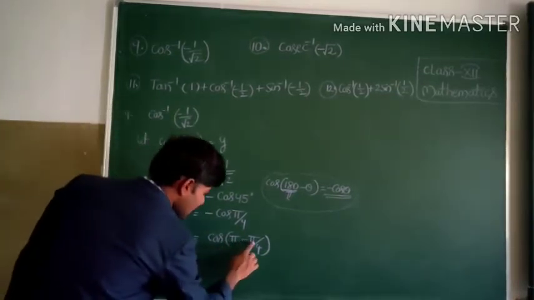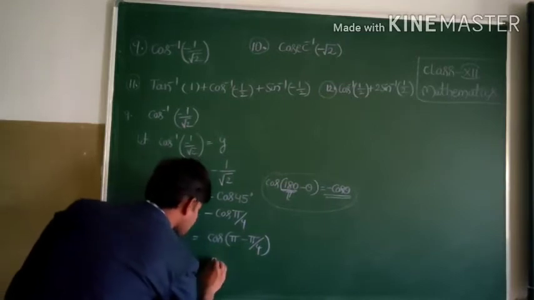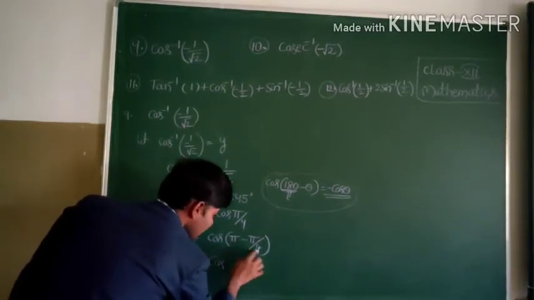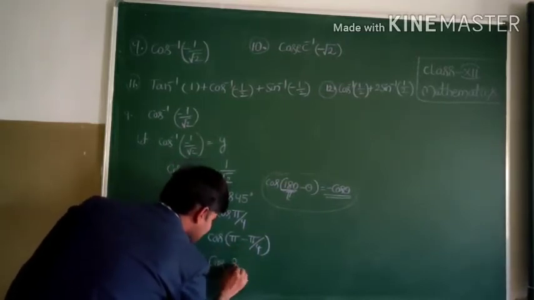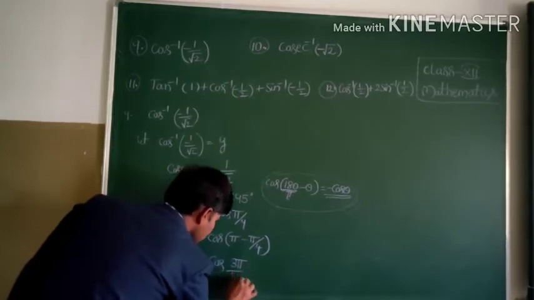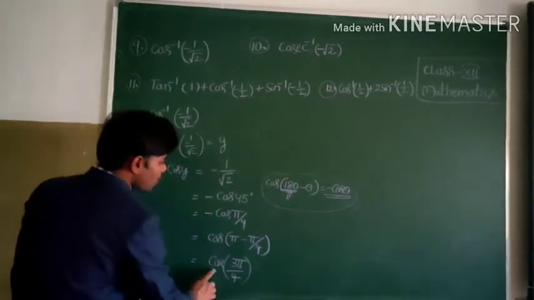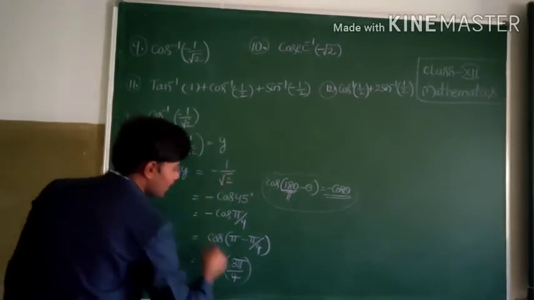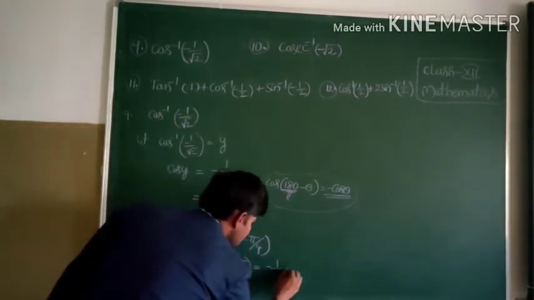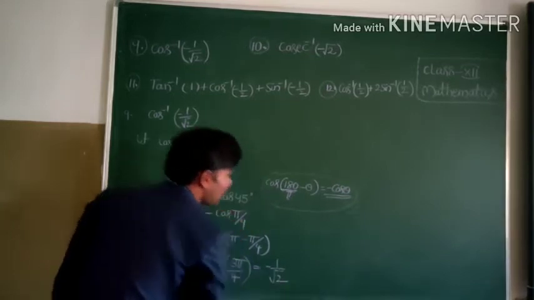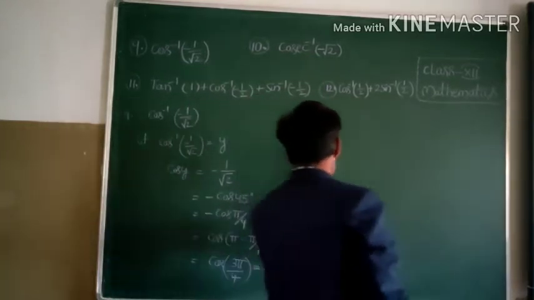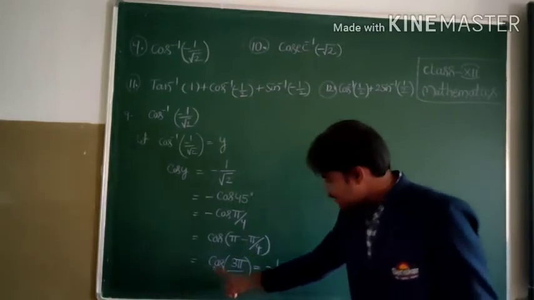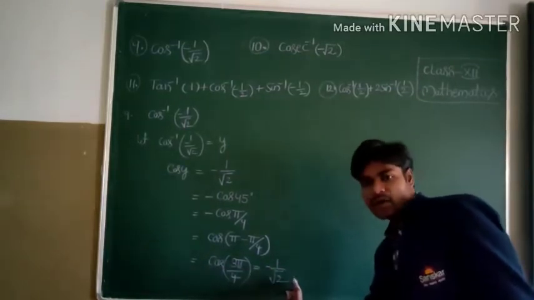Next, now simplify this. Cos of pi minus pi by 4 is equal to cos of, if you take the LCM here, 3 pi by 4. Cos 3 pi by 4 is equal to what? Minus 1 by root 2. Now here it is cos y; if you send it to this side it becomes cos inverse.